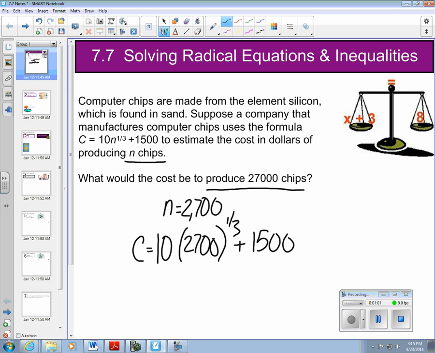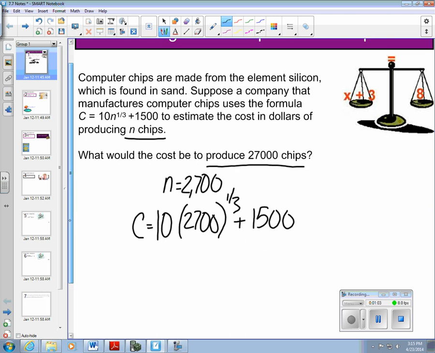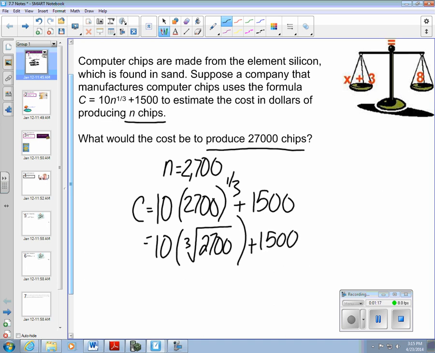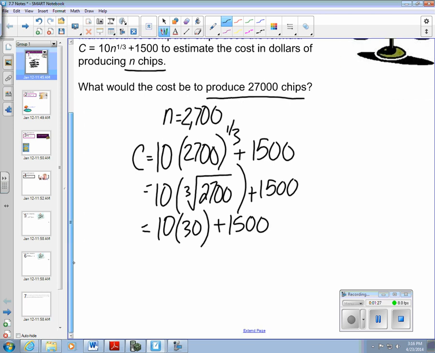If you notice, we're taking 2,700 to the 1/3 power. We can also write this as 10 times the cube root of 2,700, and we're adding 1,500 to this. The cube root of 2,700 is 30, so we really have 10 times 30 plus 1,500. 10 times 30 is 300, plus 1,500, so 300 plus 1,500 gives us 1,800.